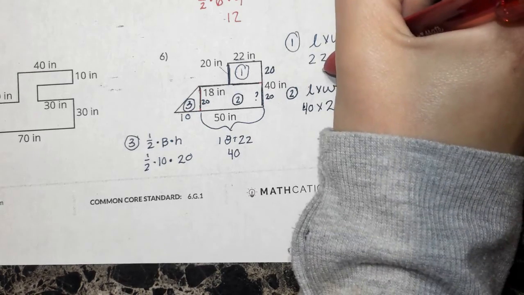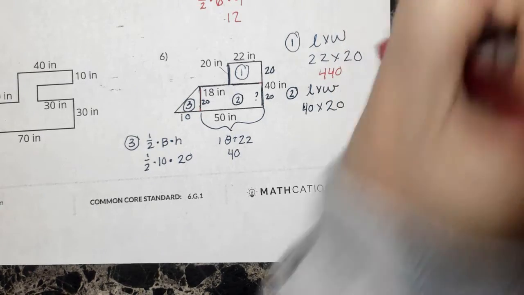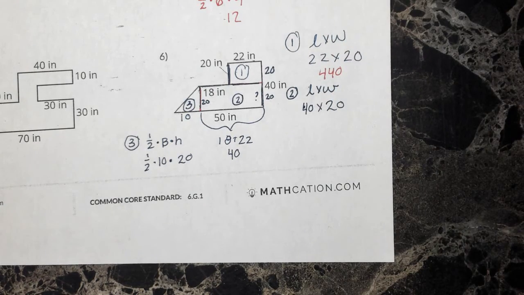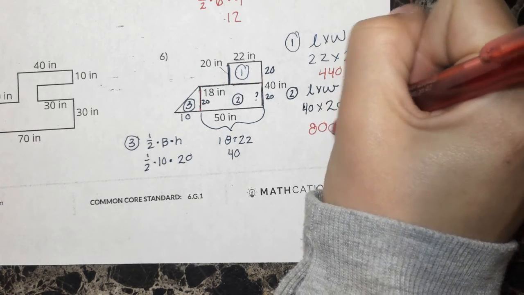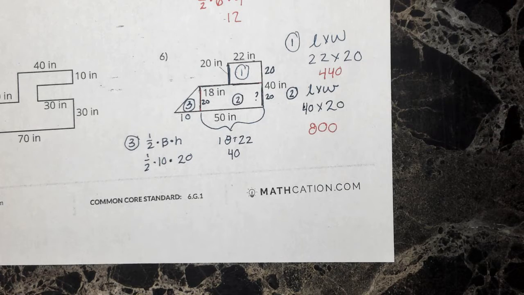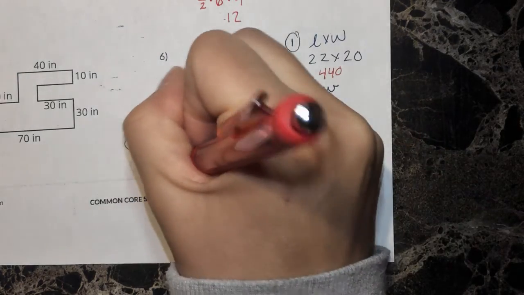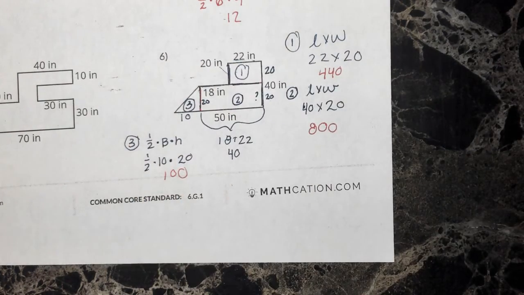So when you do it, you're going to do 22 times 20. You would get 440. You would do 40 times 20, and you would get 800. Yep. And then you would do 10 times 20 times a half, and you would get 100. Now all you're going to do is add them all up.